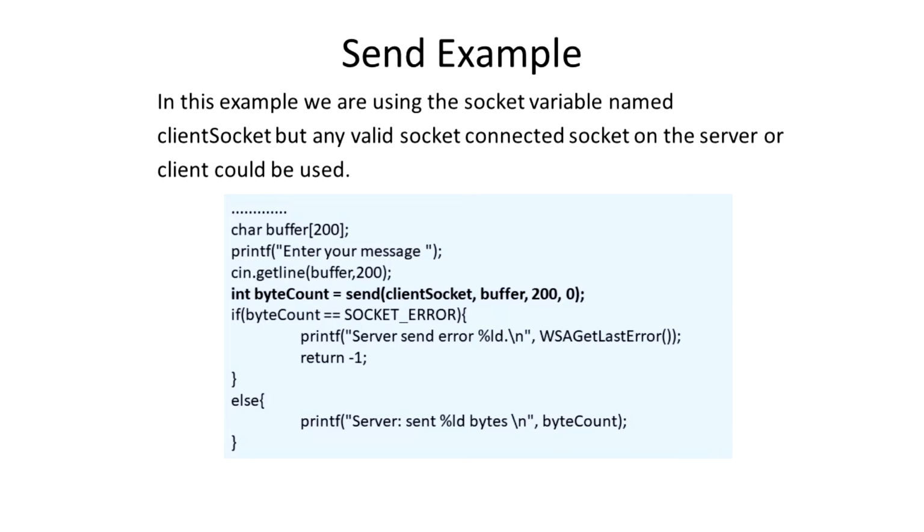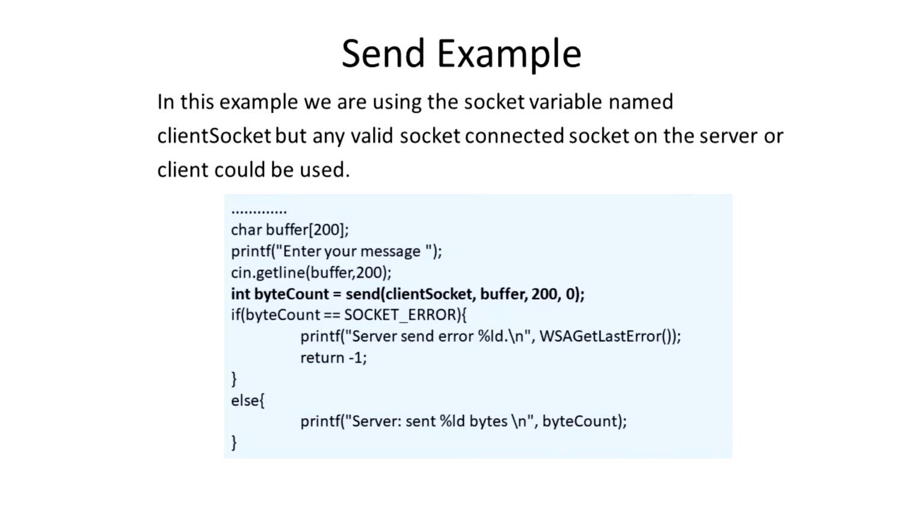We usually use cout to print messages to the screen, but here we're using a function called printf. And there's an alternate way to concatenate data with printf as opposed to using the chevrons, the insertion operator with the cout command. So we're using printf here to just put the message out to screen to prompt the user to tell them to enter a message.